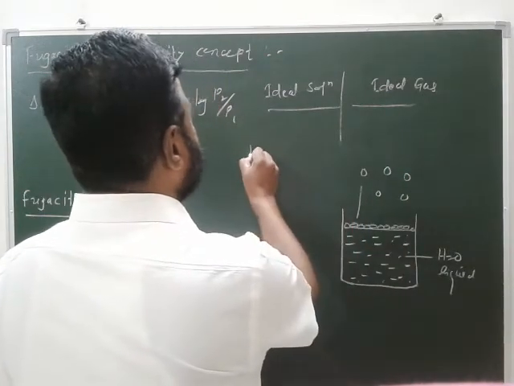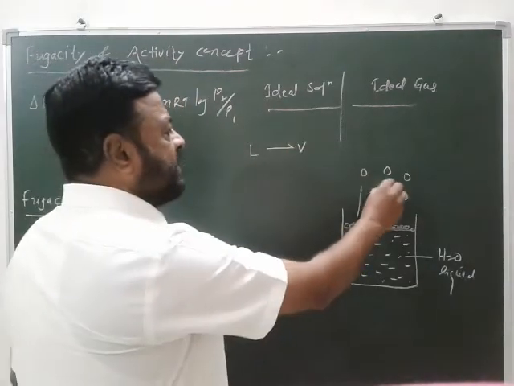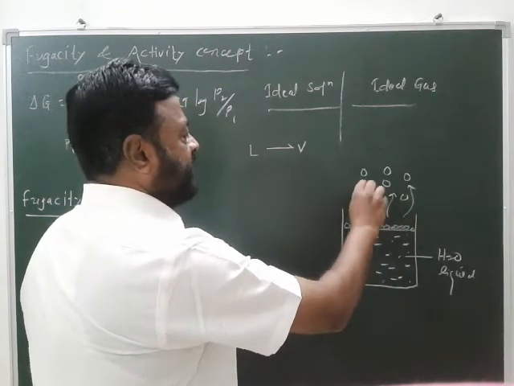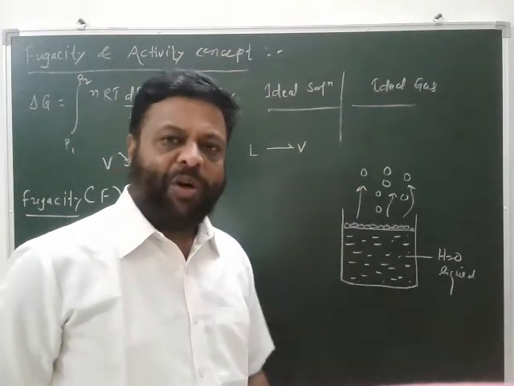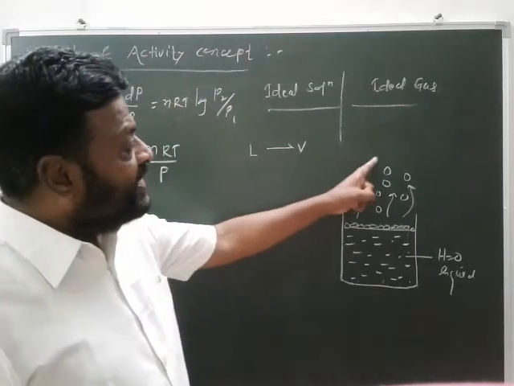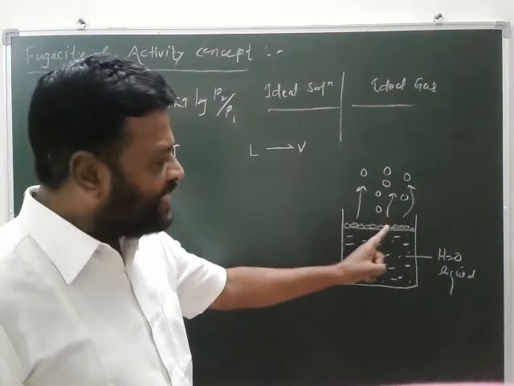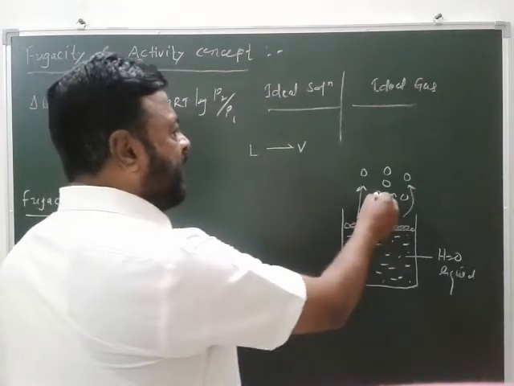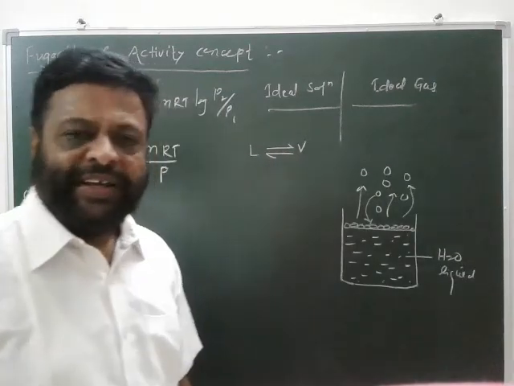So here the water molecules get converted into vapor. This process is known as evaporation. Now the vapor molecules present in the free space above the water liquid also have a tendency to come back to their original place, and the vapor molecules get converted into liquid.